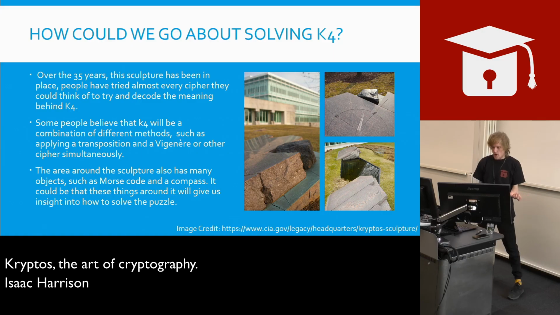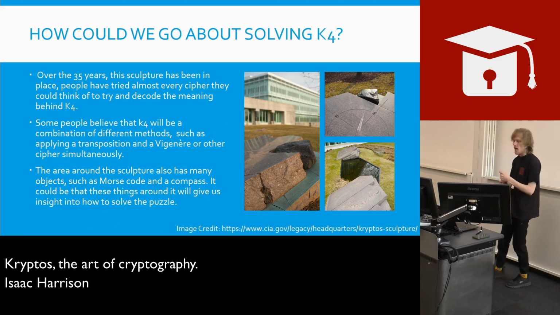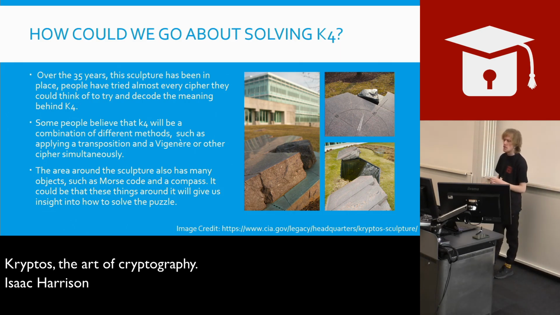So, over the 35 years since the puzzle was installed, people have tried basically everything they can think of to try and solve it. Some people believe that K4 is going to be a combination of the previous ones, so you're going to need to use stuff from the previous three to solve it.